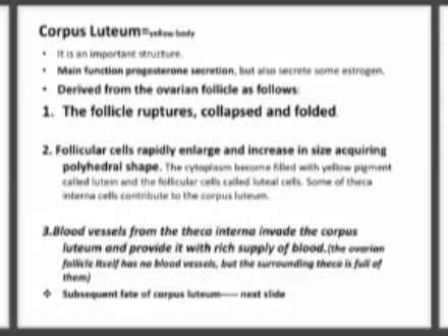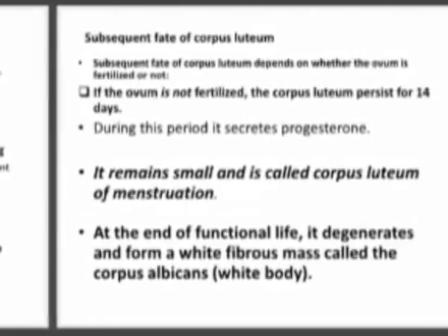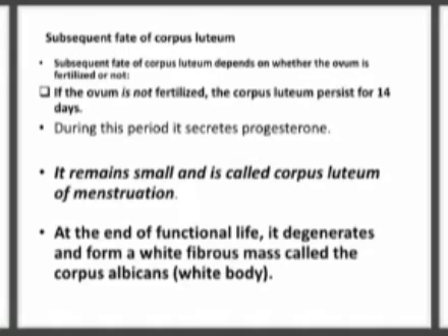Subsequent fate of corpus luteum. Next slide. Subsequent fate of corpus luteum depends on whether the ovum is fertilized or not. If the ovum is not fertilized, the corpus luteum persists for 14 days. During this period, it secretes progesterone. It remains small and is called corpus luteum of menstruation.